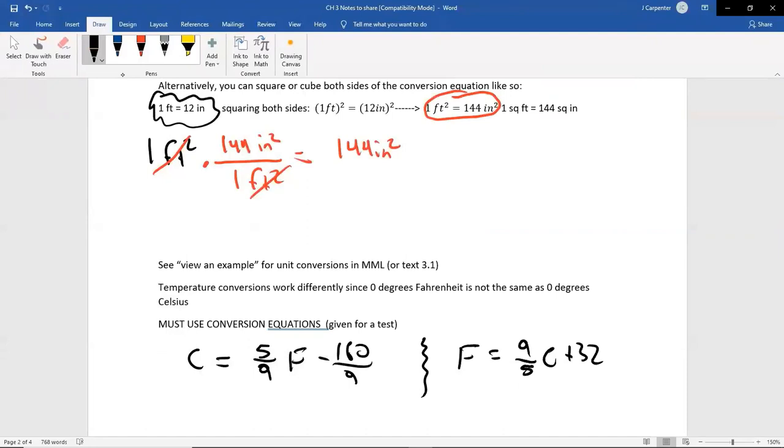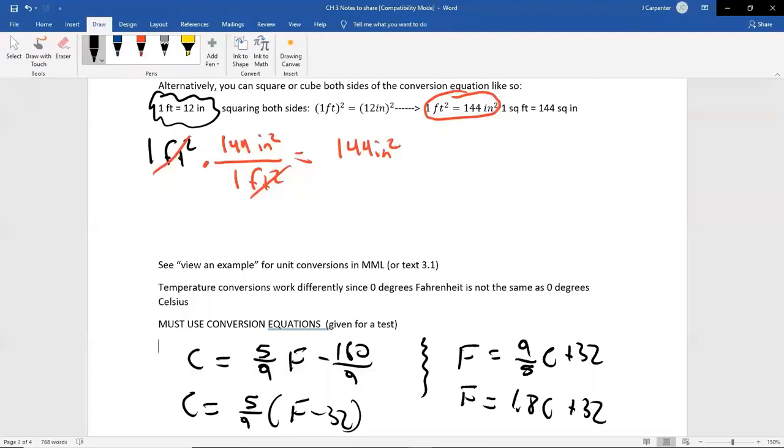These are the two conversion equations. There are alternative versions of them: in decimals, 9/5 is 1.8, or you can factor out the 5/9, and it's C equals 5/9 (F minus 32). Again, F equals 1.8 C plus 32. All four of these are the same thing, just algebraically or numerically rearranged.